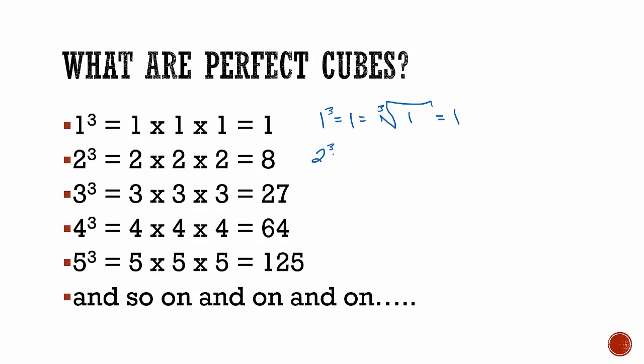So 2 cubed equals 8. 3 cubed, 3 times 3 times 3 is 27, so 3 cubed is 27. 4 to the third power, 4 times 4 times 4 is 64. So therefore, 4 cubed is 64. 5 times 5 times 5, or 5 cubed, is 125. So on and so forth.